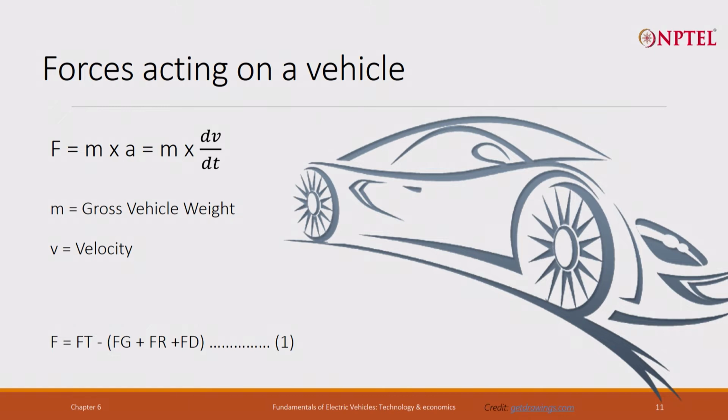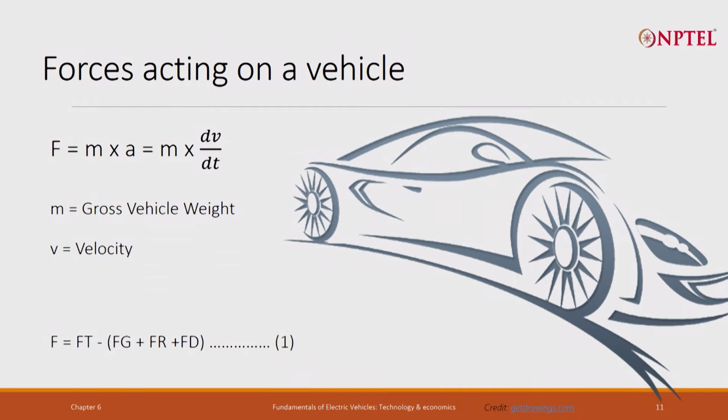Where does the acceleration force come from? The motor delivers what I have written in the last line as Ft, which is the traction force. Now, to the traction force that the motor is delivering, there are many claimants who will take away some of the traction force. There are three claimants to the traction force.